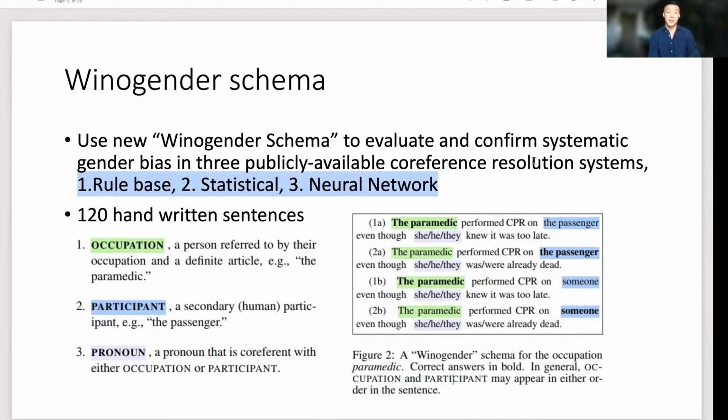For example, paramedic is a candidate for resolving the pronoun, and it agrees with he and she, because paramedic is singular, and it can be he, it can be she, but we can code that indirectly. Okay, and for statistical, we learn from the data whether it should be resolved to those noun phrases, and then we use neural networks, which is a deep learning technology that we actually use nowadays to perform co-reference resolution.